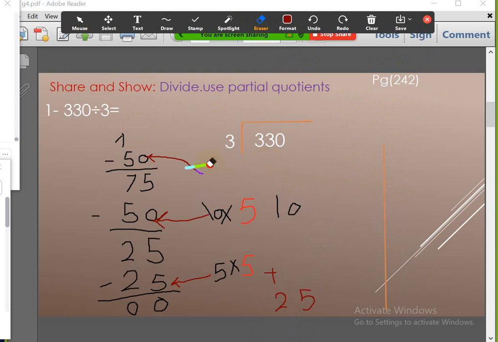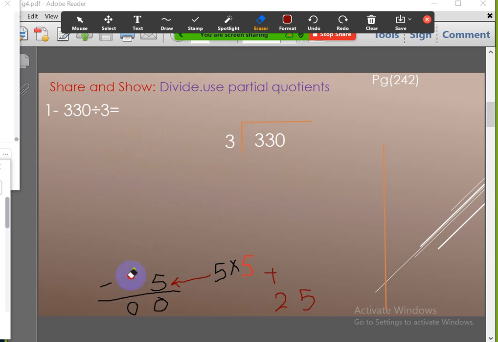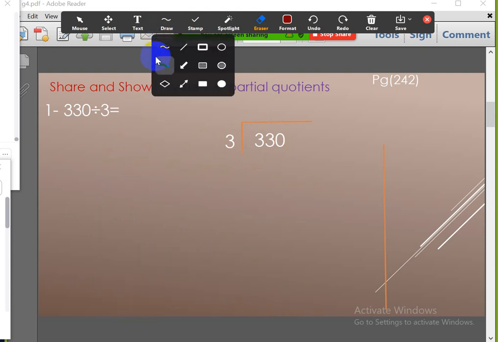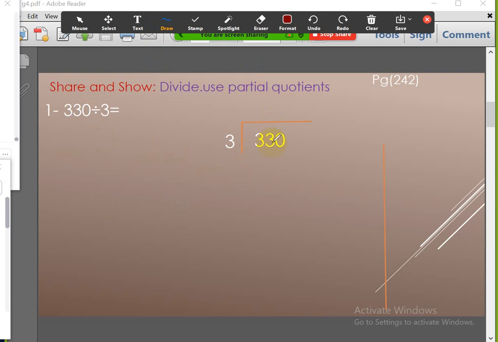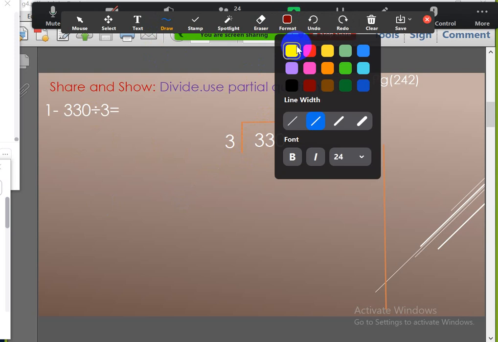Now I want to divide 330 by 3. So this is the example. Now 330, girls, I want to divide it by 3. This is the dividend, this is the divisor.